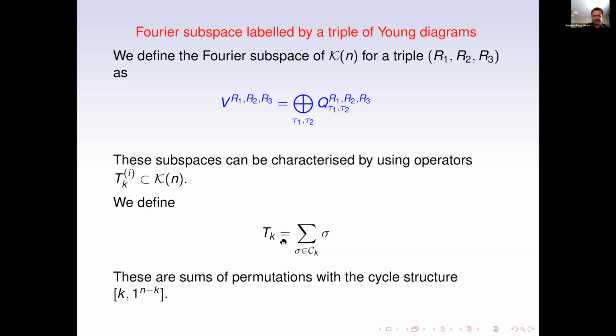So let Tk be a sum of the permutations in the conjugacy class where these permutations have a single non-trivial cycle of length k, and then remaining 1 cycles. So you have these Tks here, some nice elements in the group algebra of Sn.